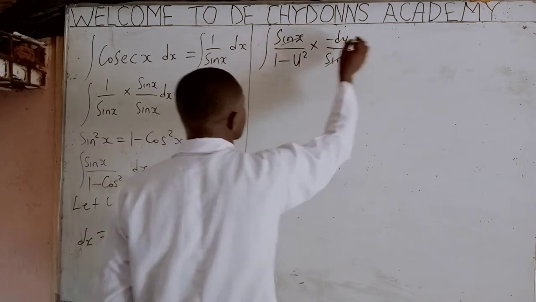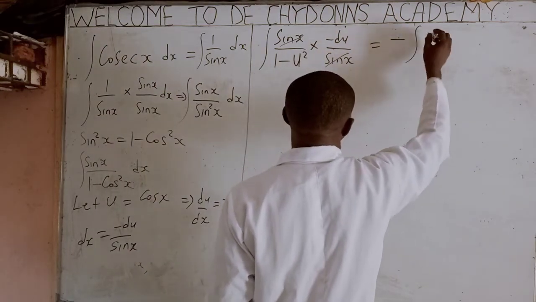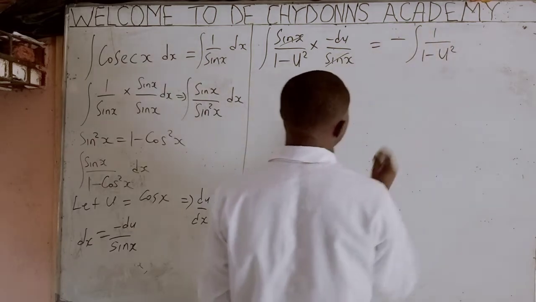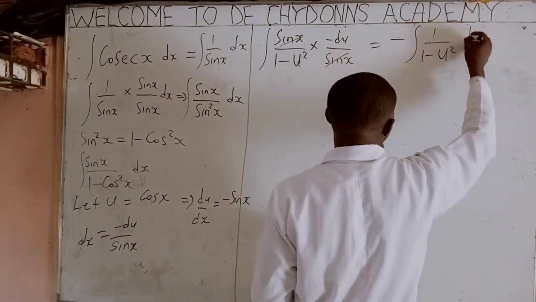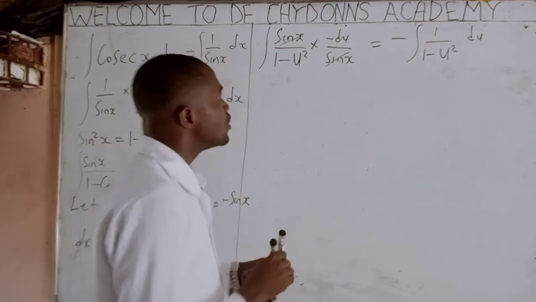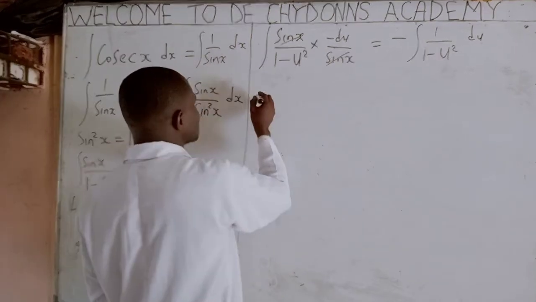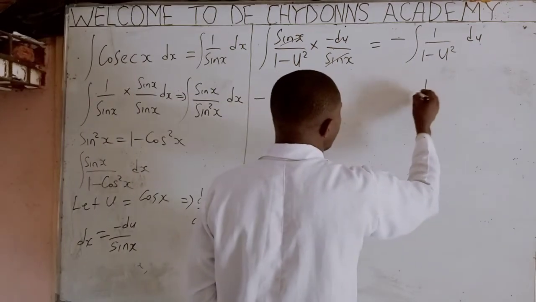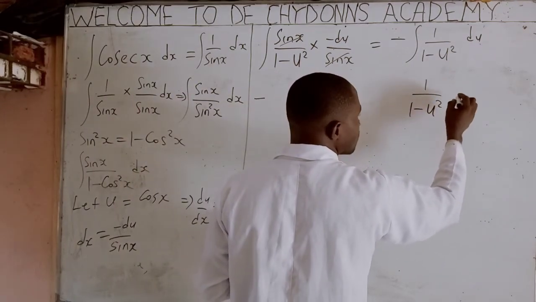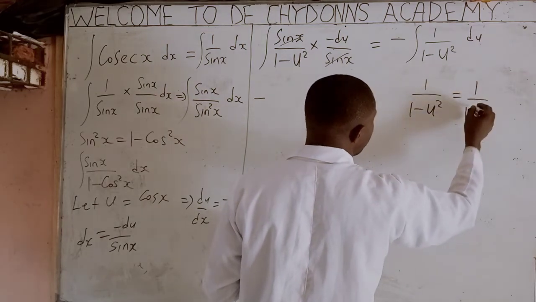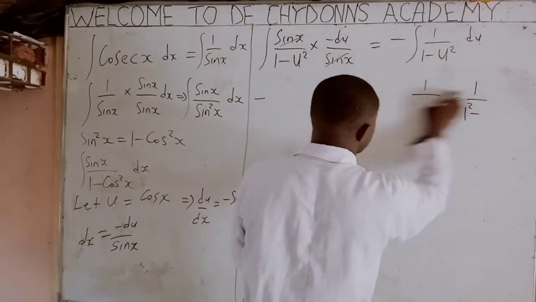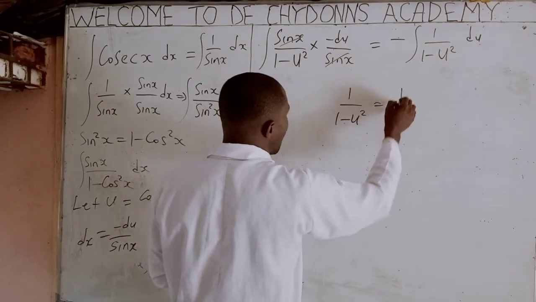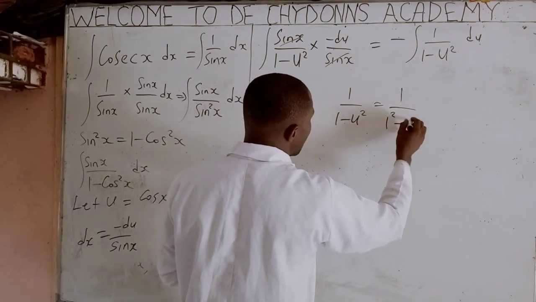This will cancel this. That will give me minus the integration of 1 over 1 minus u squared du. Then you know that it has minus. Now, 1 over 1 minus u squared is equal to 1 over 1 squared minus u squared.